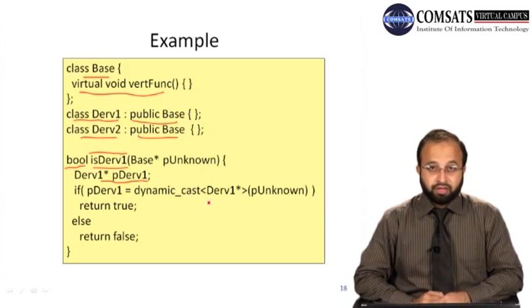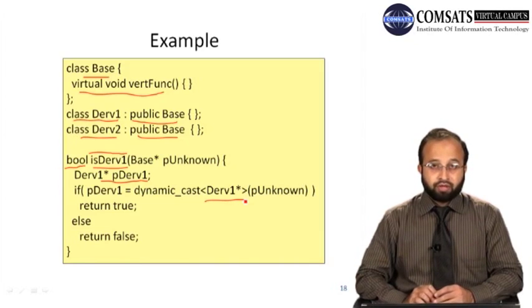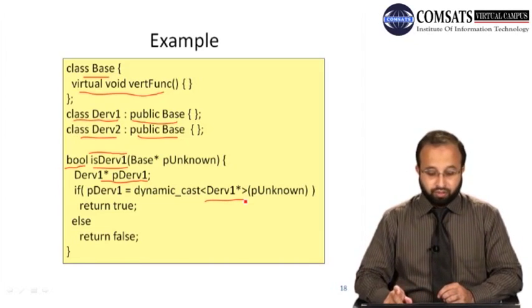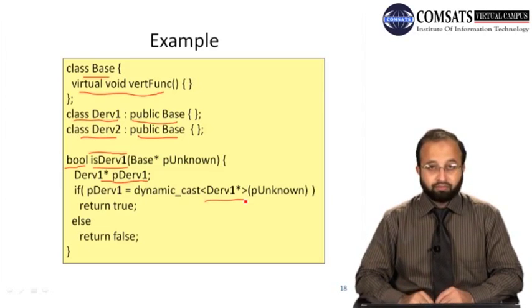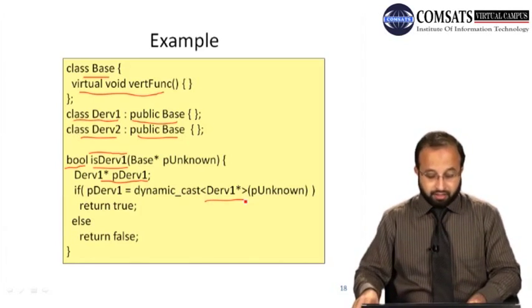And if it successfully converts that pointer that points to the memory address into the p drive 1 pointer, then this means that p unknown pointer जो है वो एक ऐसी मेमोरी को पॉइंट करता है जहाँ पर हमारे पास drive 1 का ऑब्जेक्ट है, drv1 का ऑब्जेक्ट है. अगर हमारे पास उस मेमोरी लोकेशन पर जिसको p unknown पॉइंट कर रहा था, if we have an object of drv2 class, then that conversion will return 0.